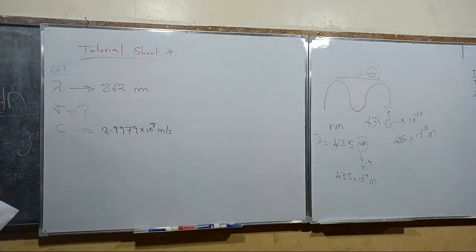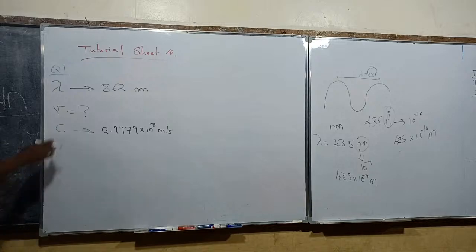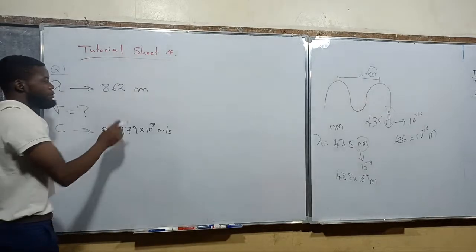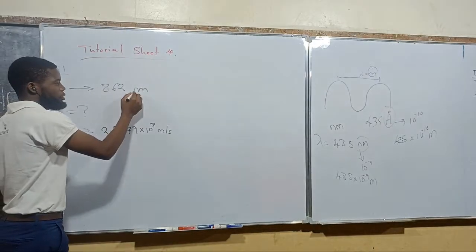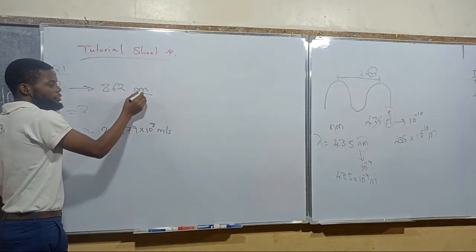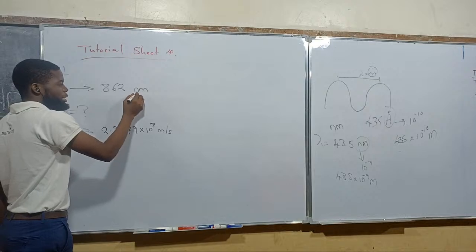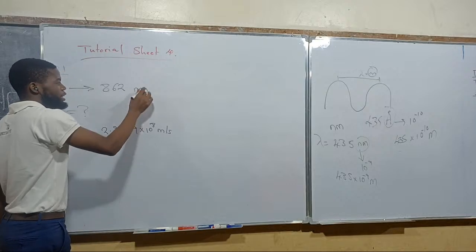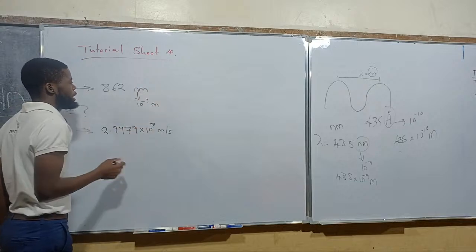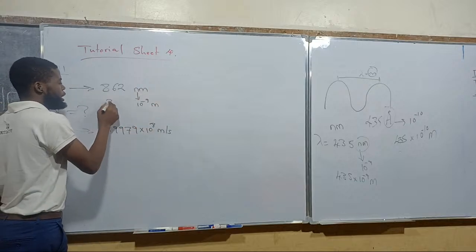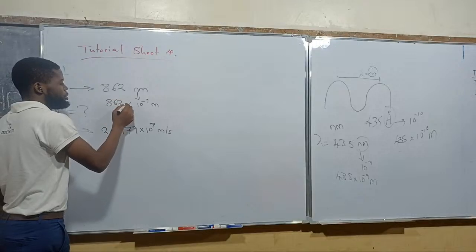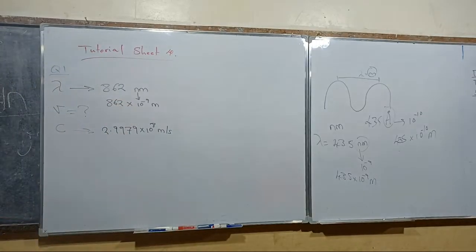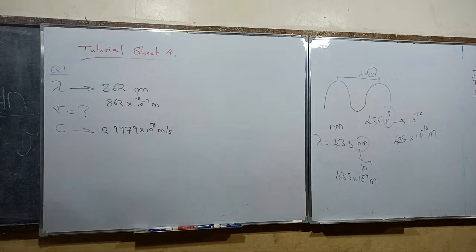Each and every time they give us the wavelength, you need to check the units. If the unit is nanometers, where there is a nano, you put 10 to the power negative 9 and the meter drops. So your value is 862 times 10 to the power negative 9. We've converted from nanometers to meters.